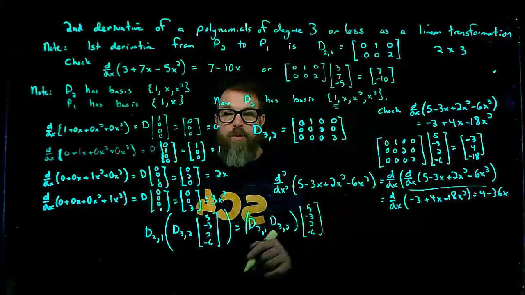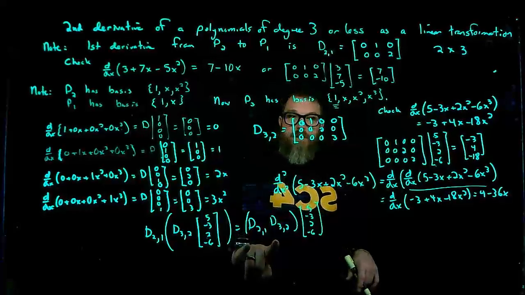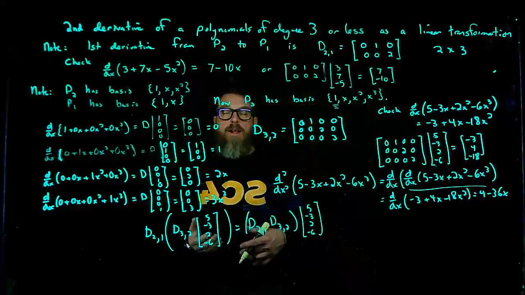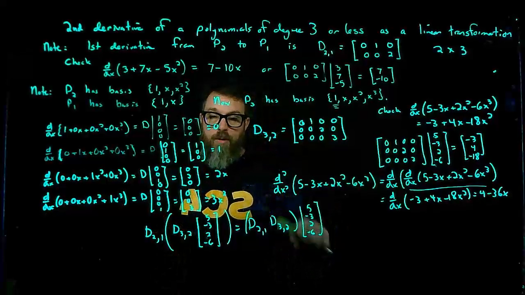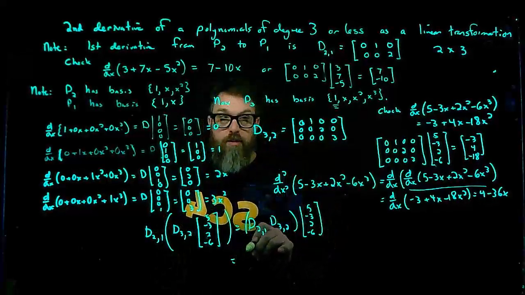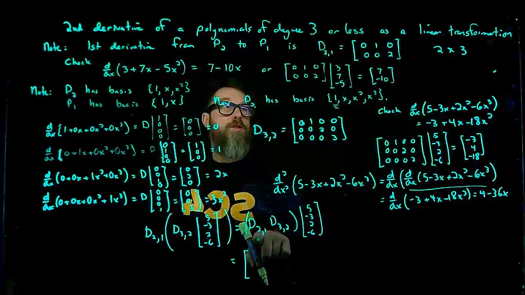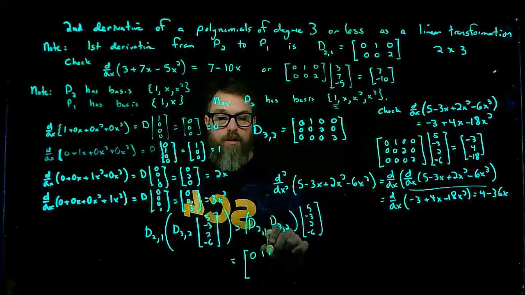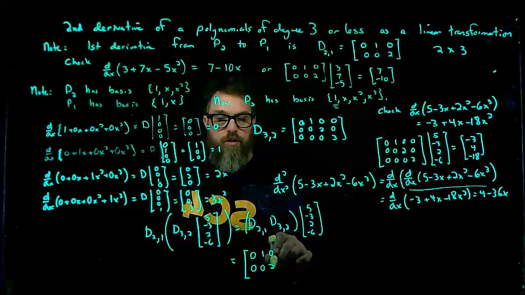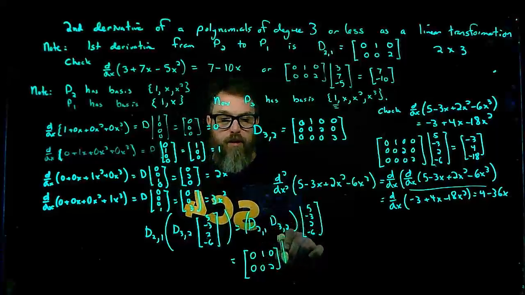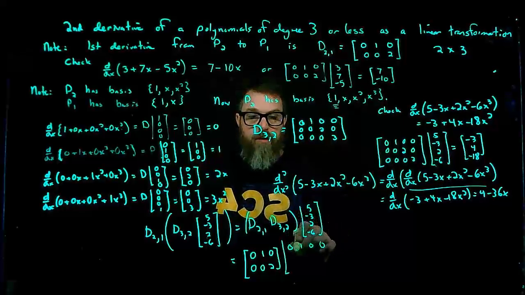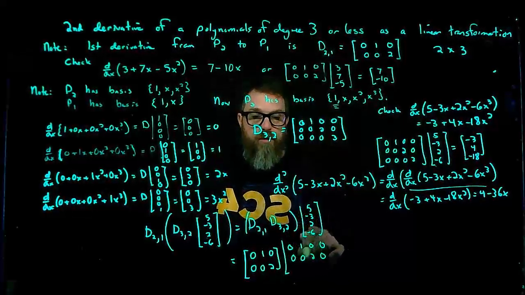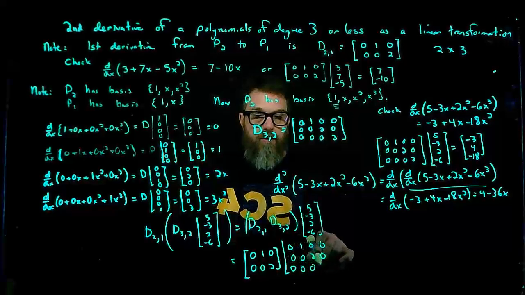So our whole goal is when I multiply these two matrices, this is going to give us that second derivative of polynomials of degree 3 or less. So this is going to be equal to degree 2, 1. This is 0, 1, 0. This is 0, 0, 2. And then I'm going to have to multiply it by this matrix, which is 0, 1, 0, 0. This is 0, 0, 2, 0. This is 0, 0, 0, 3.